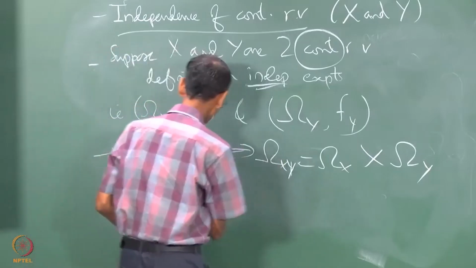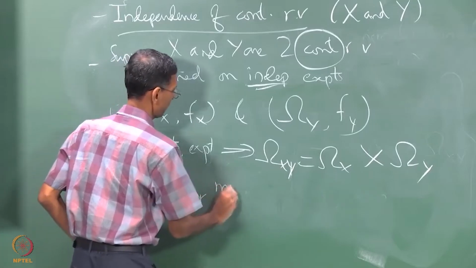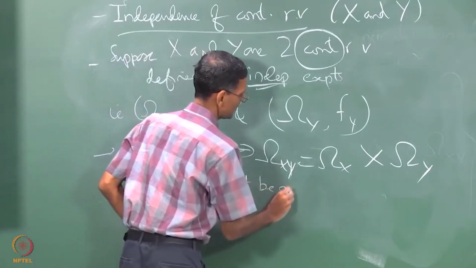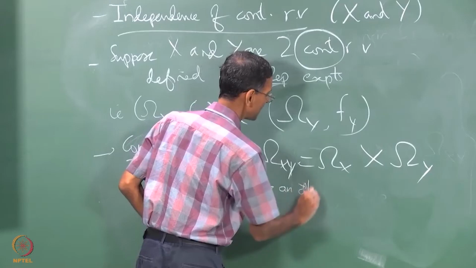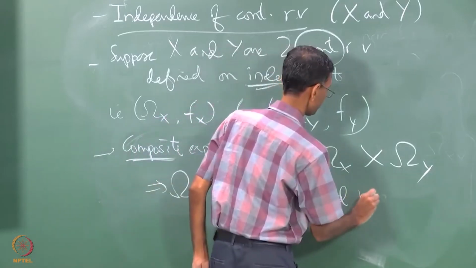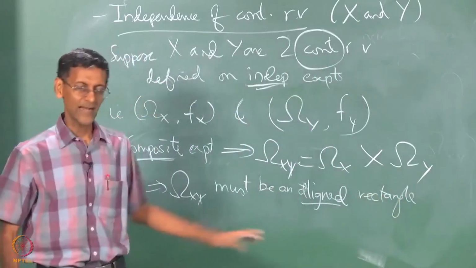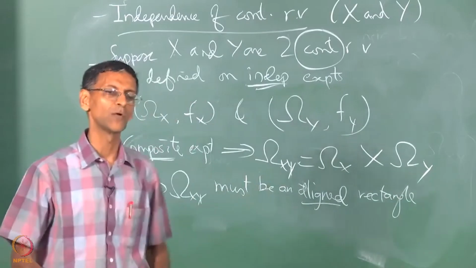So this must be aligned with the x and y axes. Okay, fine, that just gives you intuition about omega xy.